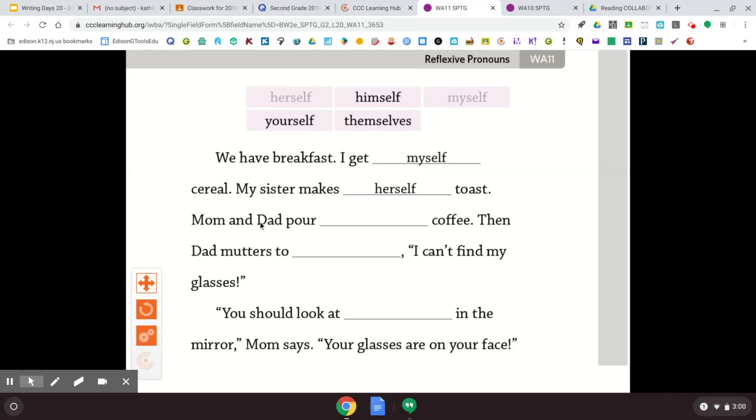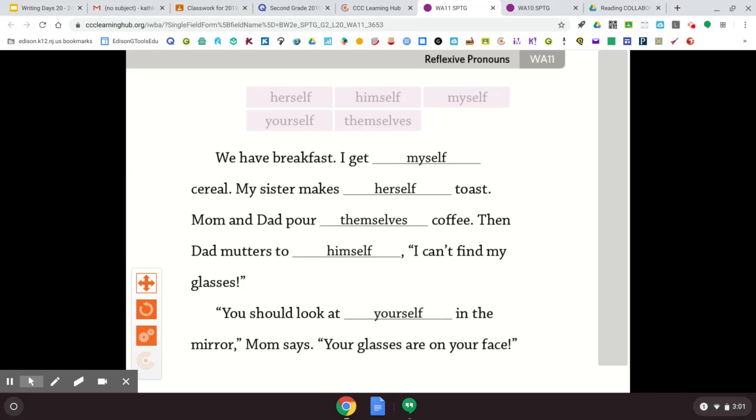Mom and Dad, so now we know we need a plural reflexive pronoun. Pour themselves coffee. Then Dad mutters to himself, because Dad is talking to himself. I can't find my glasses. You should look at yourself in the mirror, Mom says. Your glasses are on your face.